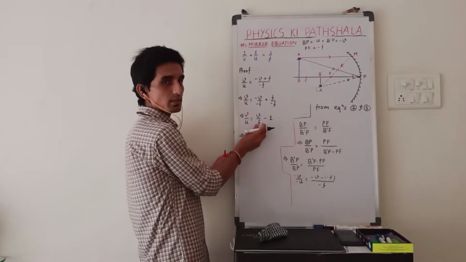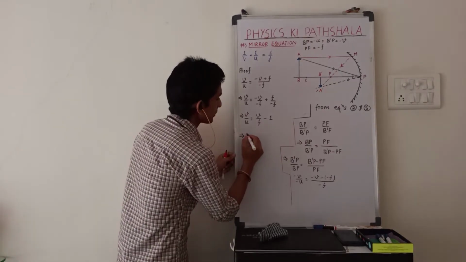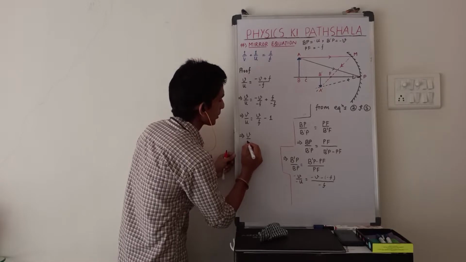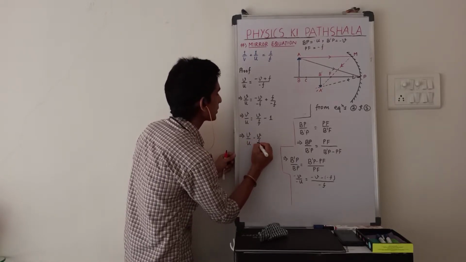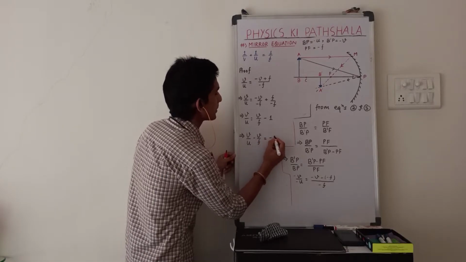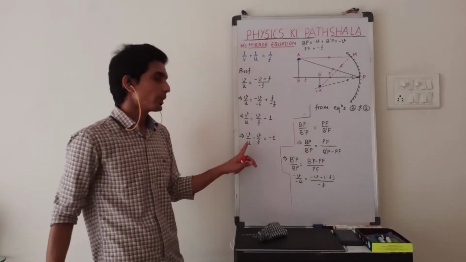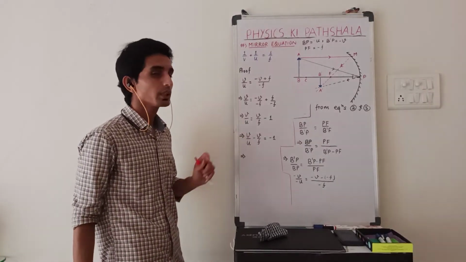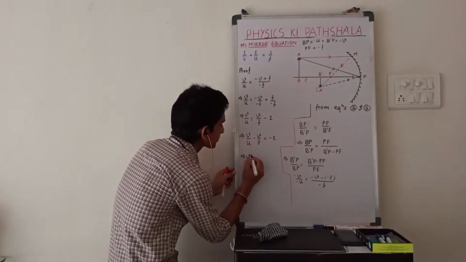I take this term, that is V upon F, on the left hand side, so we already have on the left hand side V upon U. I am taking this V upon F, so this will be minus V upon F, and on the right hand side it will be minus 1 left. Now in these two terms you see the numerators are same, so I can take numerator common.